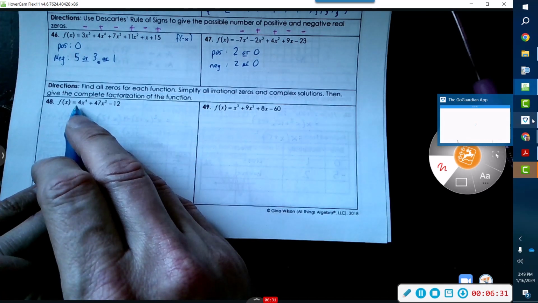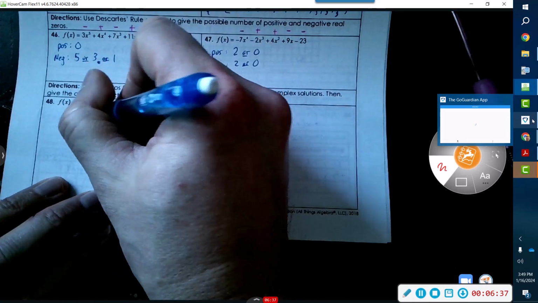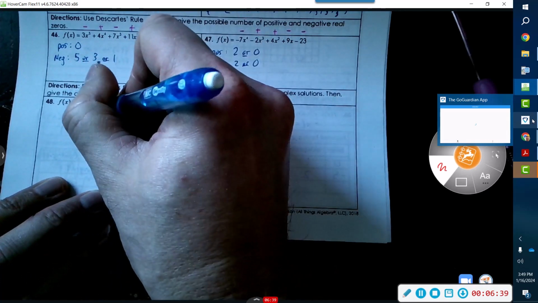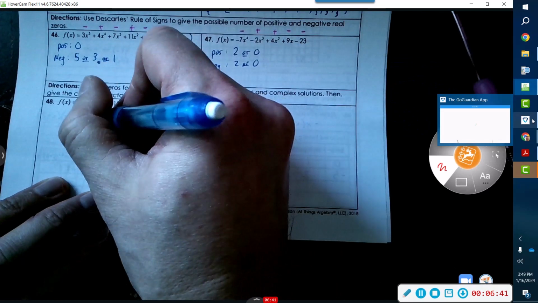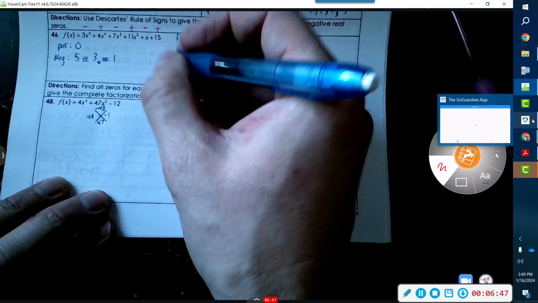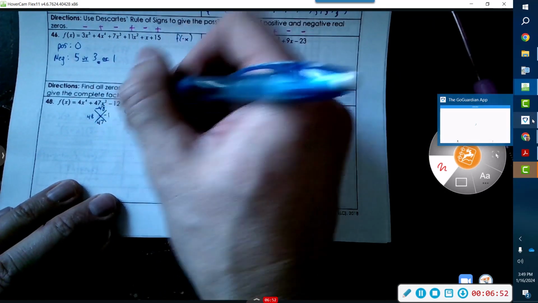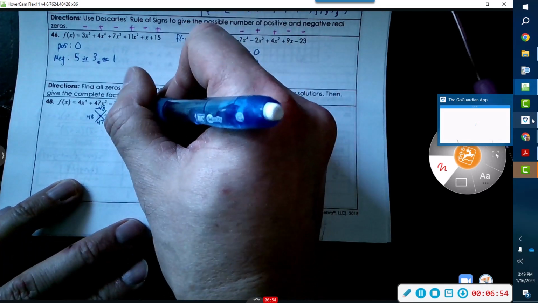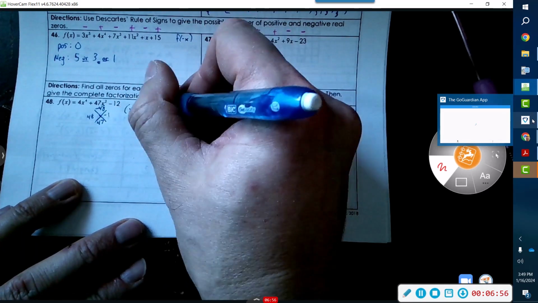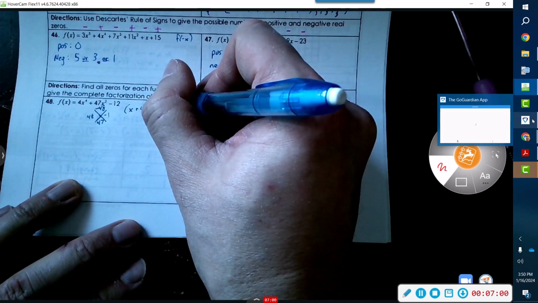And I'm looking for factors of negative 48 that add up to 47, and that would be 48 and negative 1. So this means I would have x plus 48 and then x minus 1.